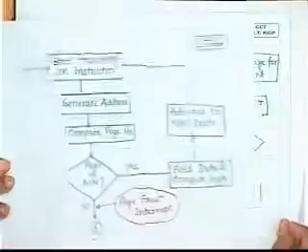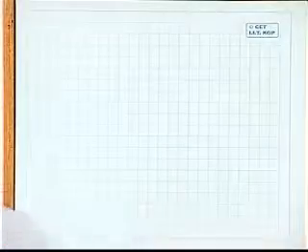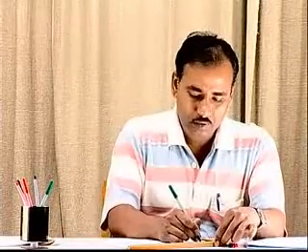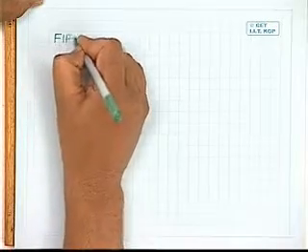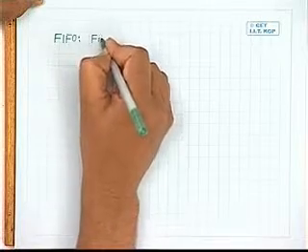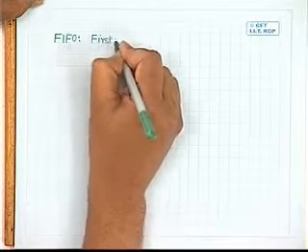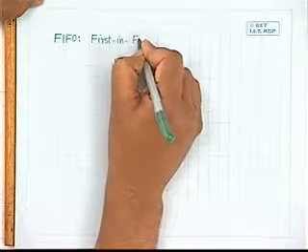So now, as we said, when you replace a page, there can be different kinds of page replacement techniques. Okay. The simplest page replacement technique that can be used is called FIFO page replacement, or first in, first out type of page replacement.